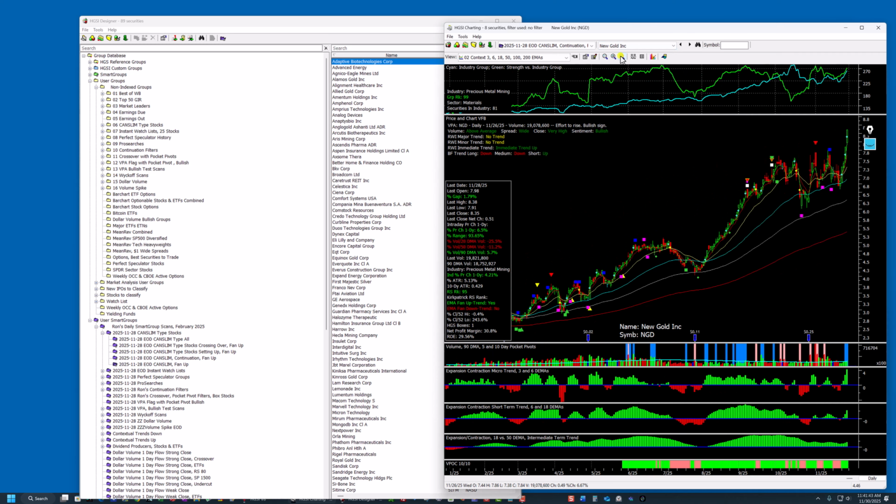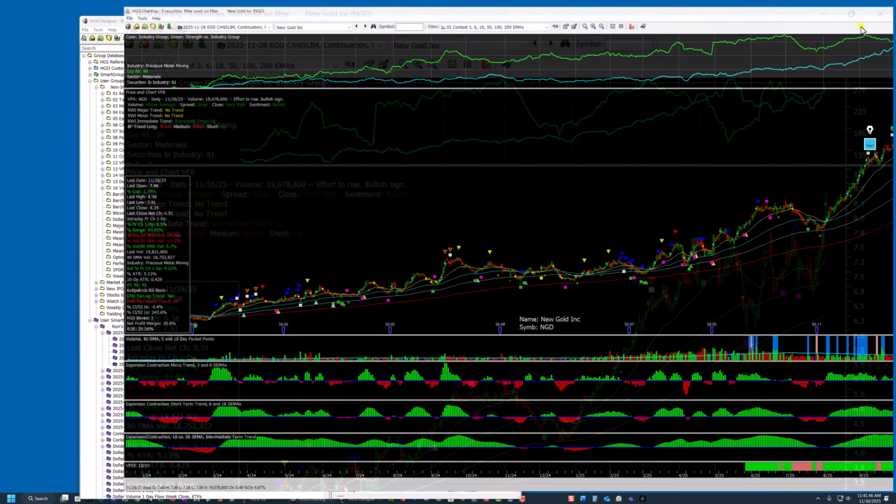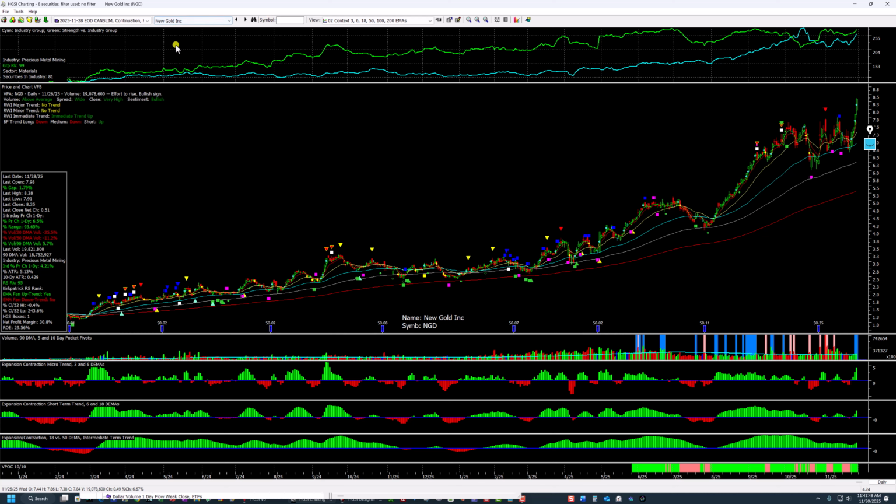So if I zoom out here, you can see that this stock, what is this, New Gold, this fan has been up for quite some time here. Yes, it's contracted, built a base here, but then it started expanding again. And whenever those lines are stacked, that means the fan is up.